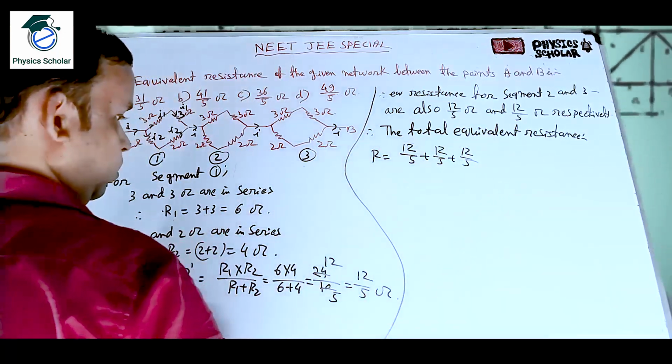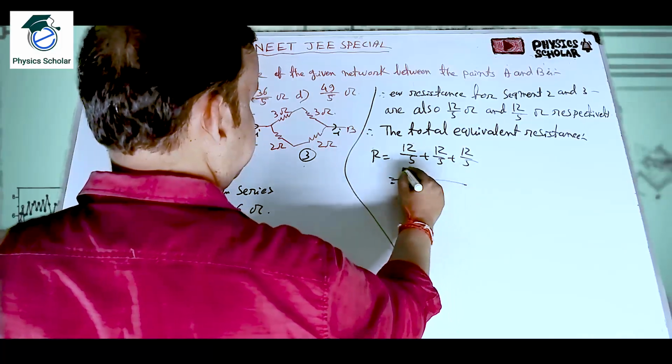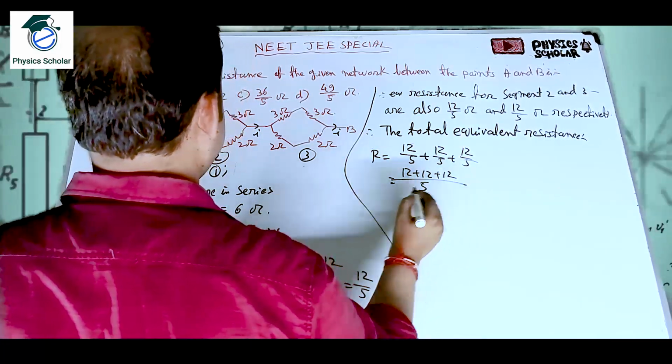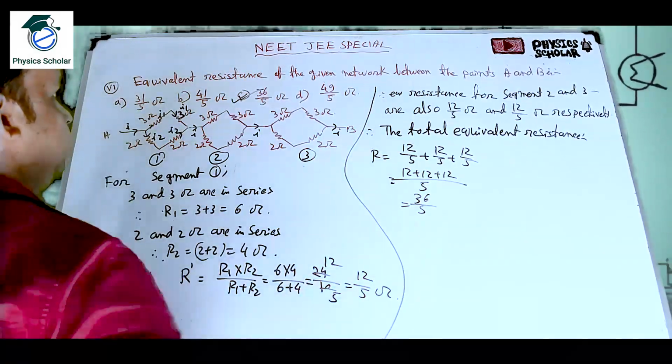So 5 will be the LCM, so 12 plus 12 plus 12, 36 by 5. So 36 by 5 means option number C.